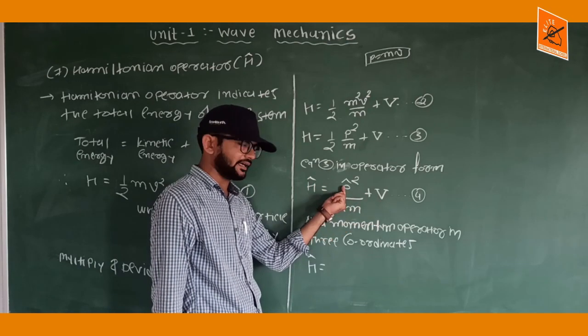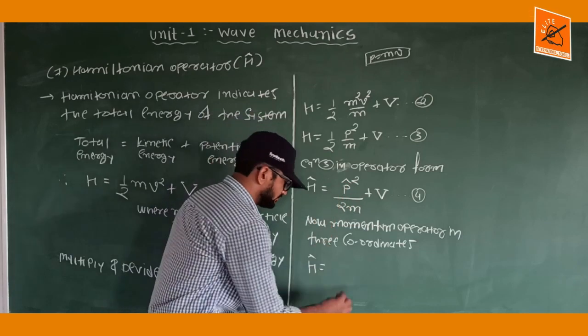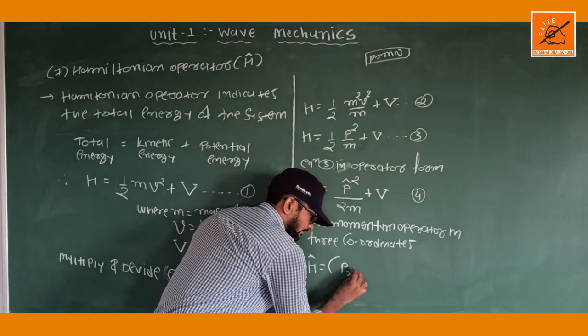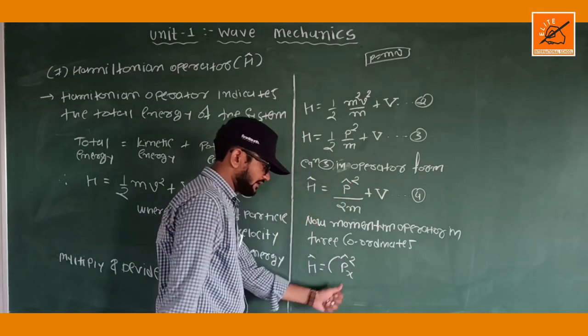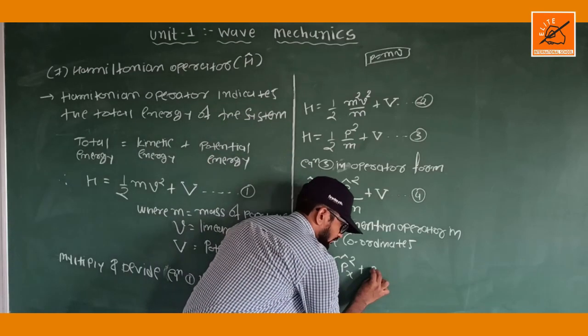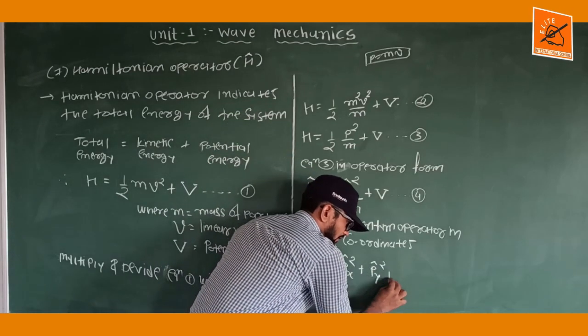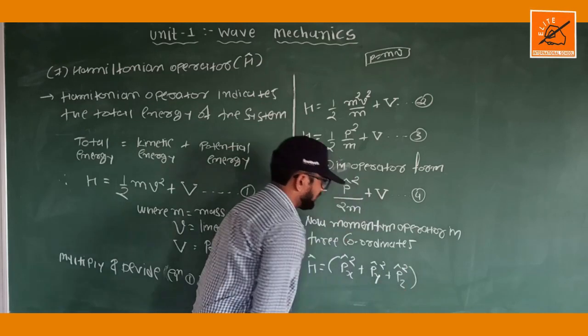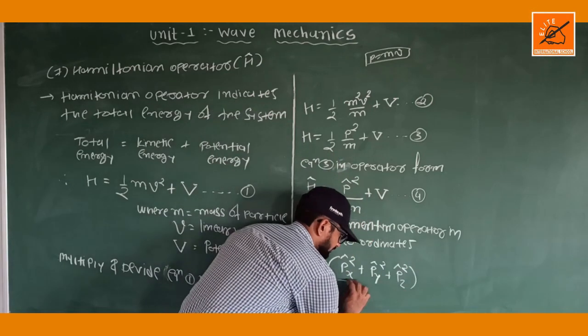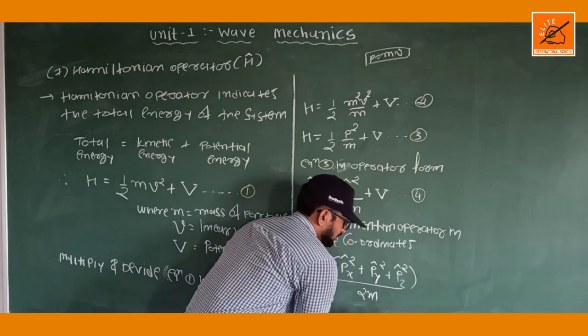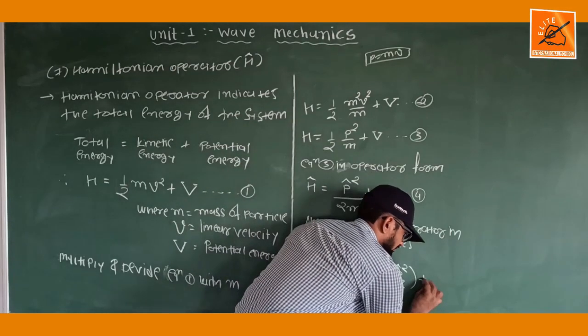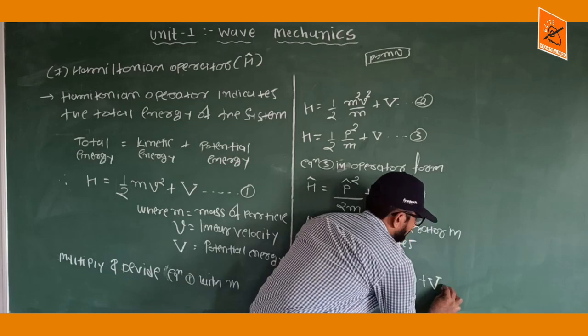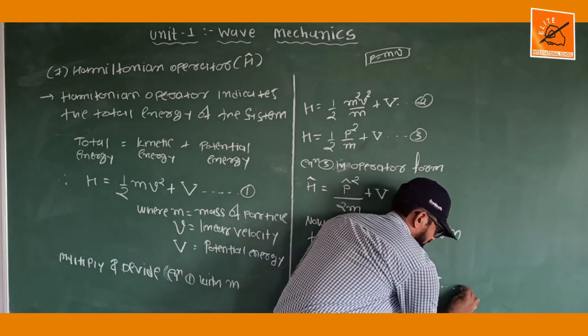So the value of p cap square is equal to px square plus py square plus pz square, upon divided by 2m, plus capital V. This is equation number 5.